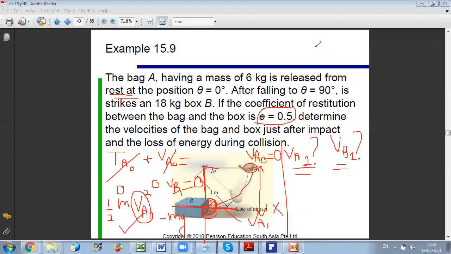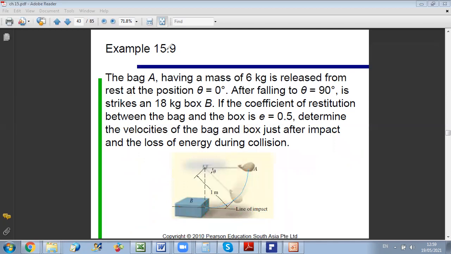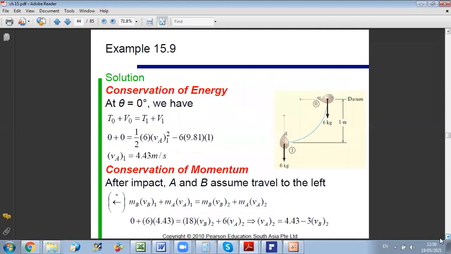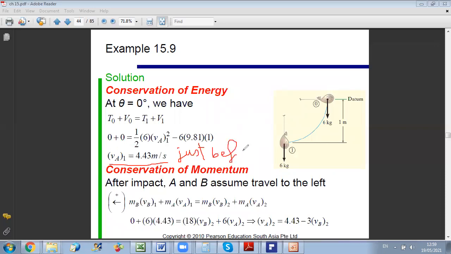So let us apply here. As you can see, the first step, we apply conservation of energy to get VA1. So this is just before collision. This is the velocity of A just before collision. Now, once we get VA at state 1, we will be ready to write the system of equations during collision.